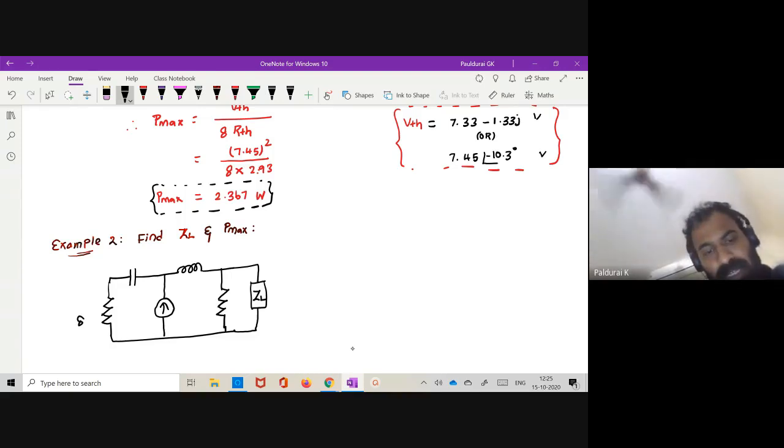So this is my 8 ohm, this is 5 ohm, this is a 12 ampere current source, this is minus J4 ohm, and this is J10 ohm.